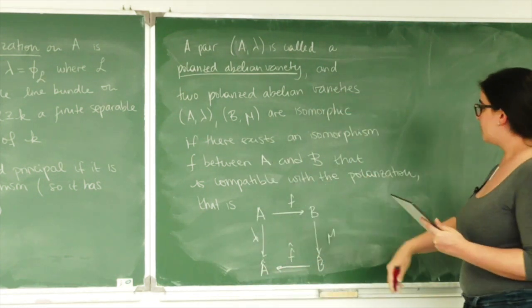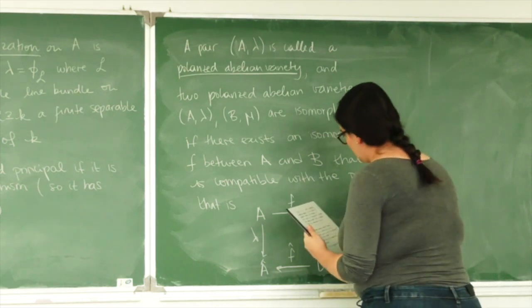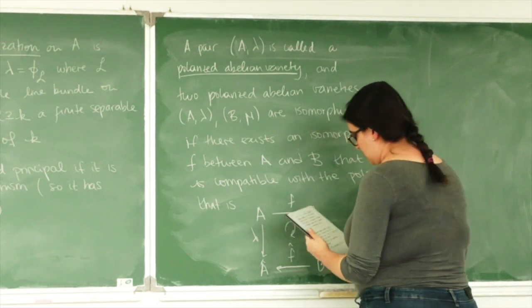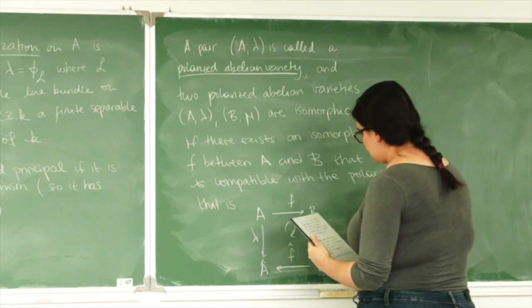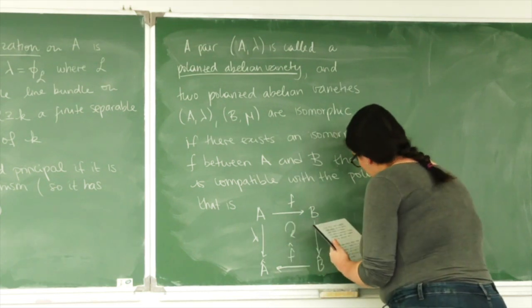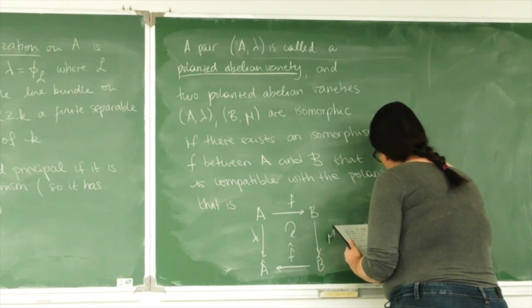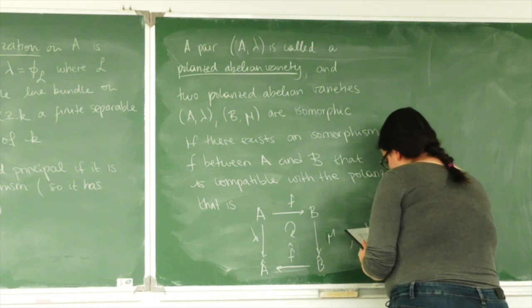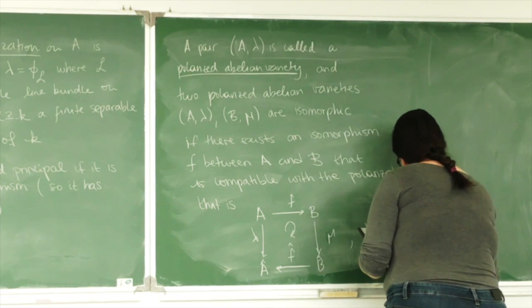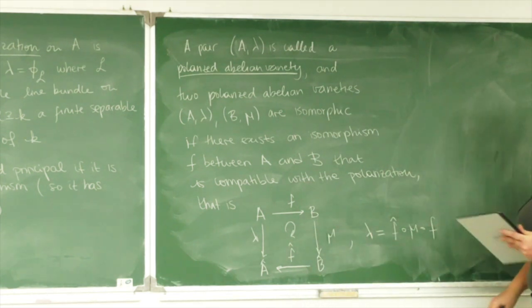And we want this diagram to commute. So what we mean by this is that lambda is equal to the dual after the polarization on B after the initial isomorphism.